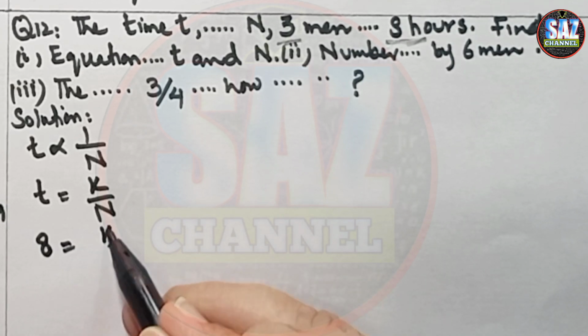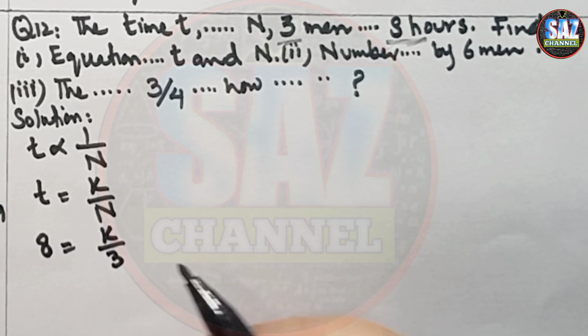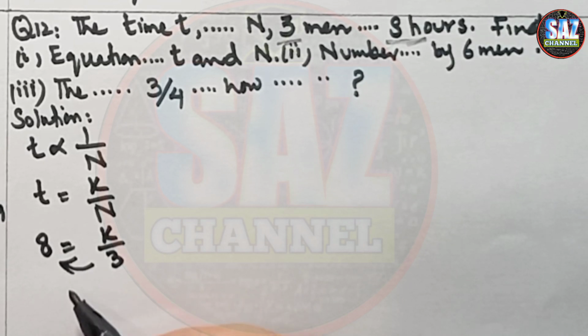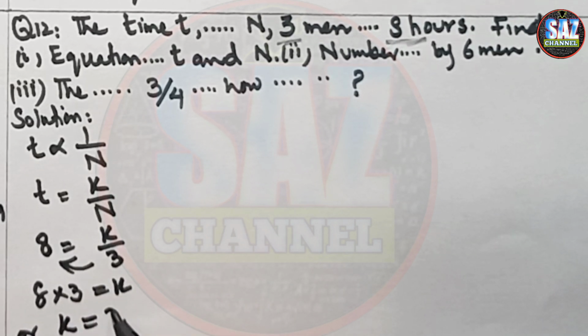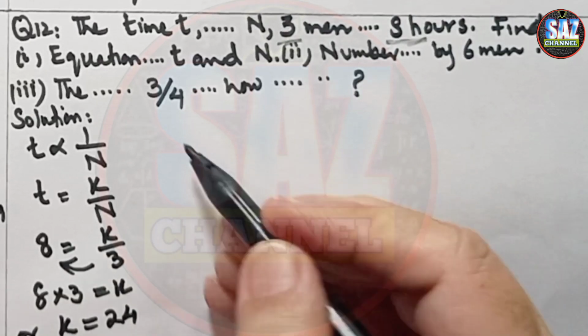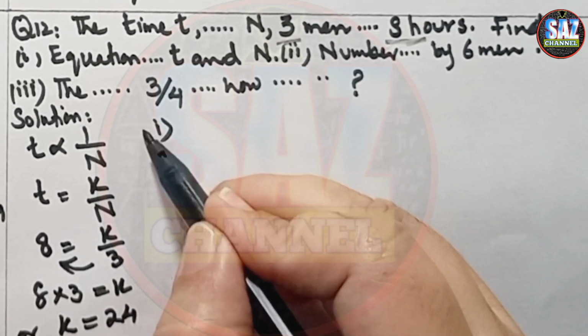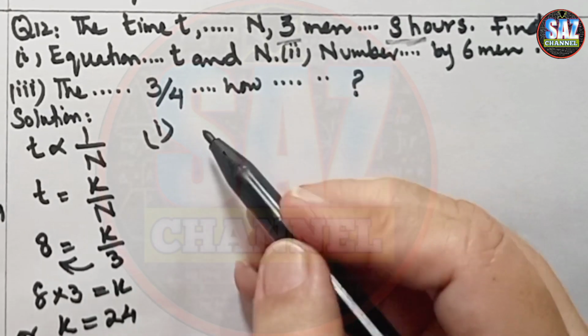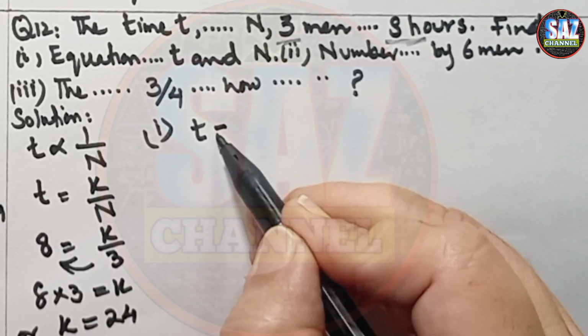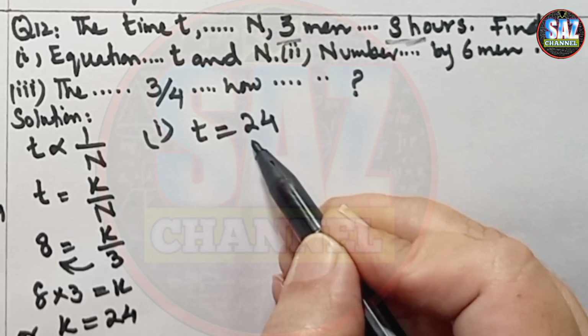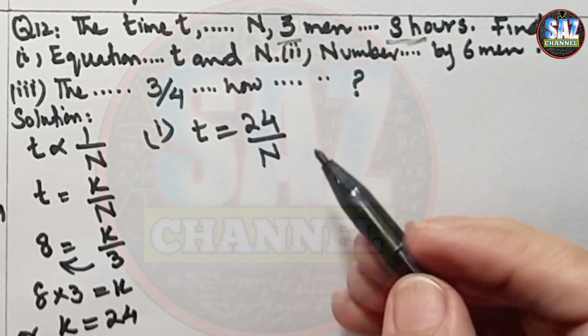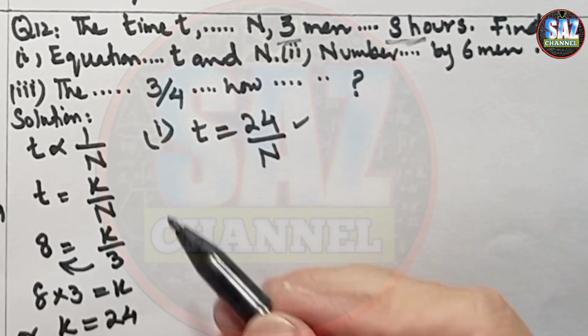So 8 equals k by 3, and shift 3 to the other side, and it will take the form 8 multiplied by 3 equals k, or k equals 24. Now write down the equation that will connect t with n, and the equation will take the form t equals 24 by n. This is the equation that connects t with n.